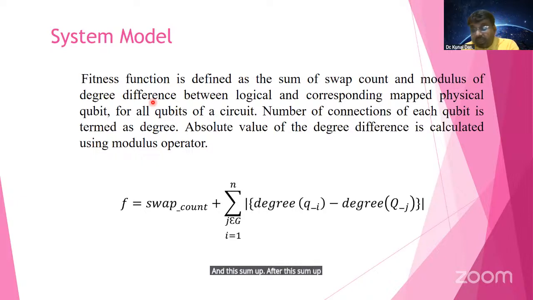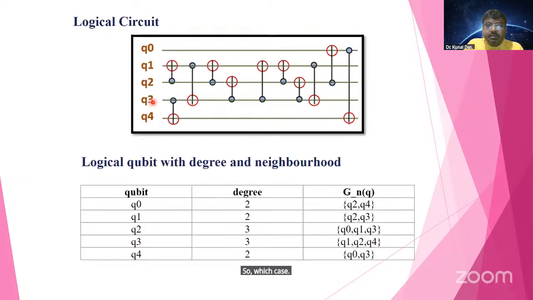This is considered as a modulo operation, which means we are taking only the positive values. After this sum up, you get the f value. In whichever case f is reduced, that will be the optimal mapping you have resulted.